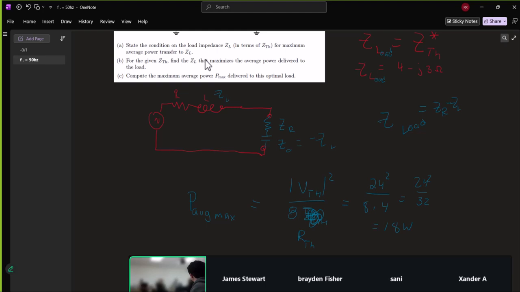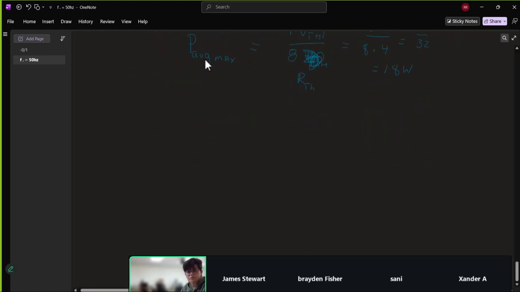I do. I don't understand why having the conjugate of a second resistor would give us the maximum power transfer. It's not the conjugate of the second resistor, it's the conjugate of the whole impedance.